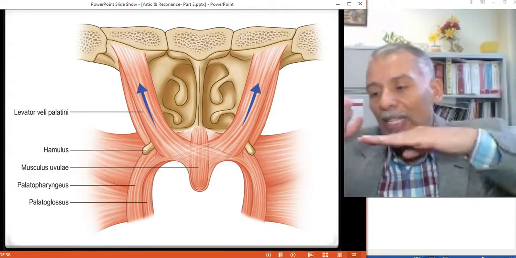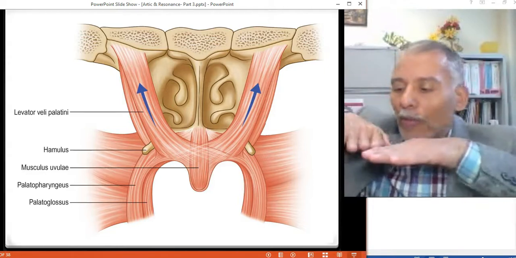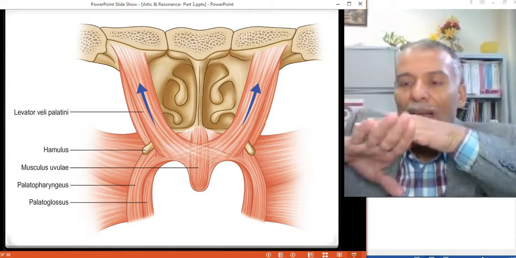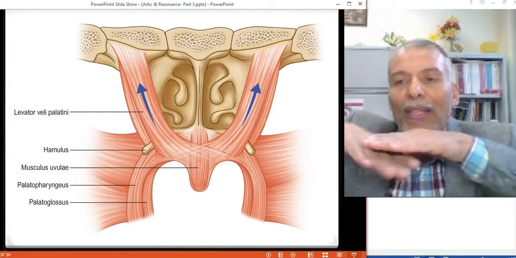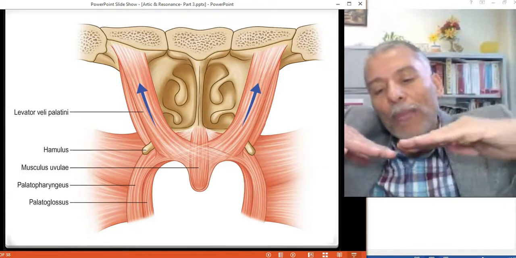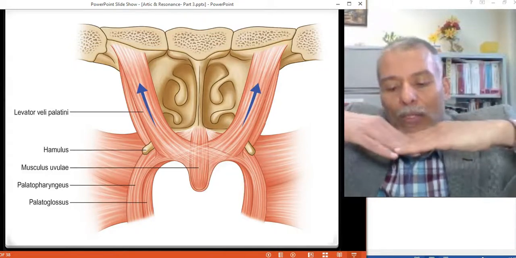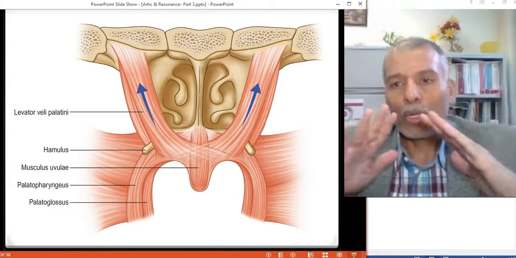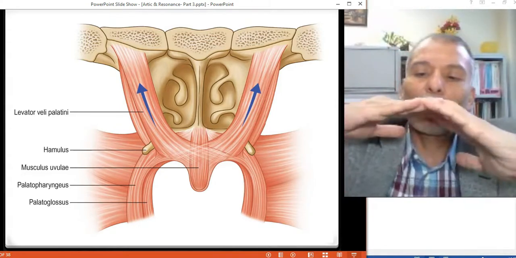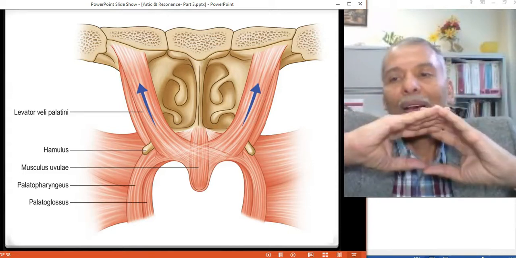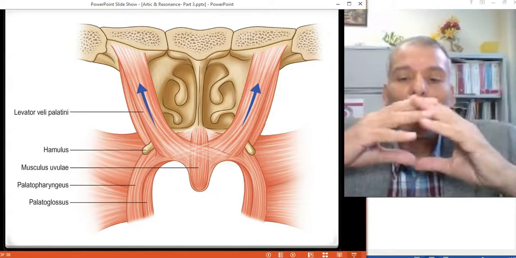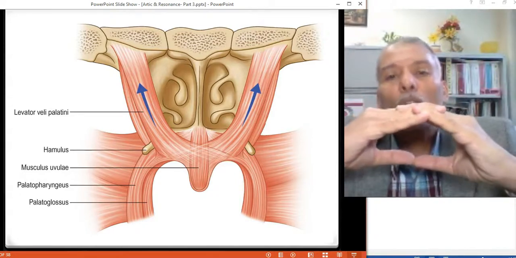Because of that connection, the palatal aponeurosis fibers are going to go beneath the uvula, beneath the musculus uvulae, and connect with the fibers from the other side. Also going above the musculus uvulae and connecting with the tissue on the other side, thus creating a tunnel around the anterior part of the musculus uvulae.